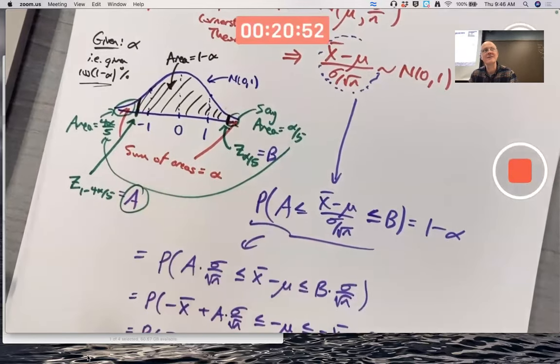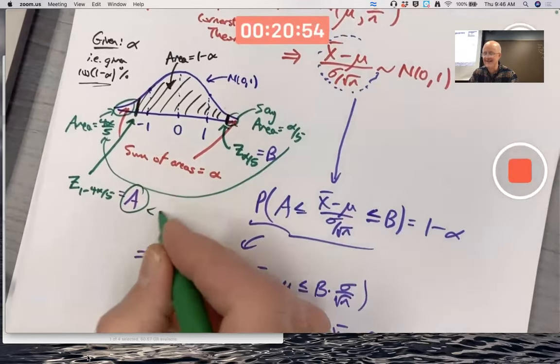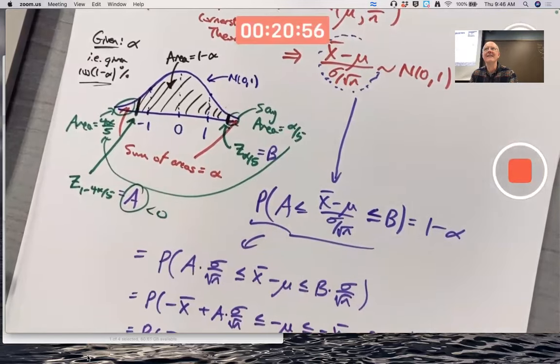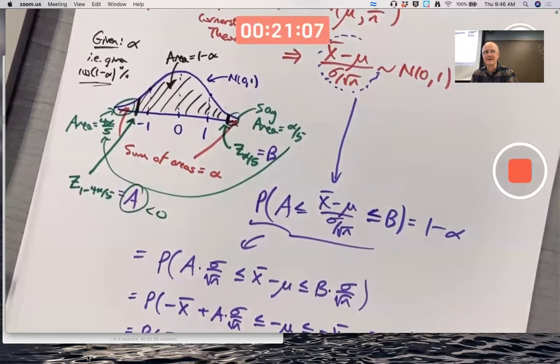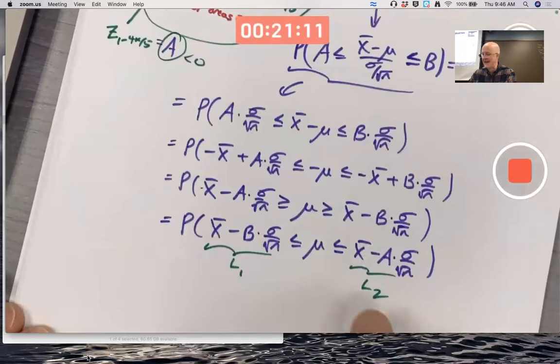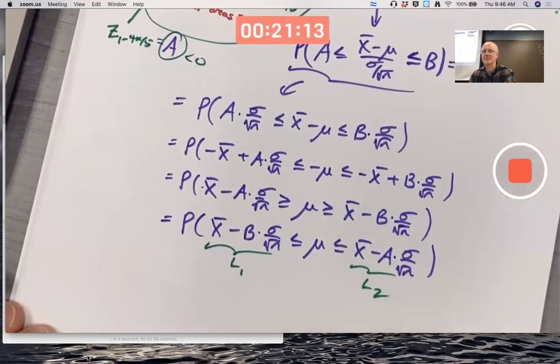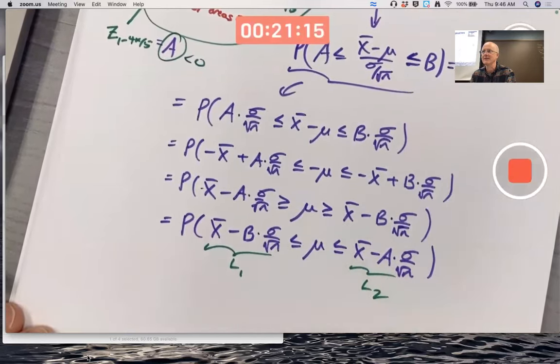A is negative, at least if I assume alpha is smaller than 0.5, so 1 minus alpha is bigger than 0.5. A is negative. So I'm really adding a positive quantity there because I'm subtracting a negative times a positive.